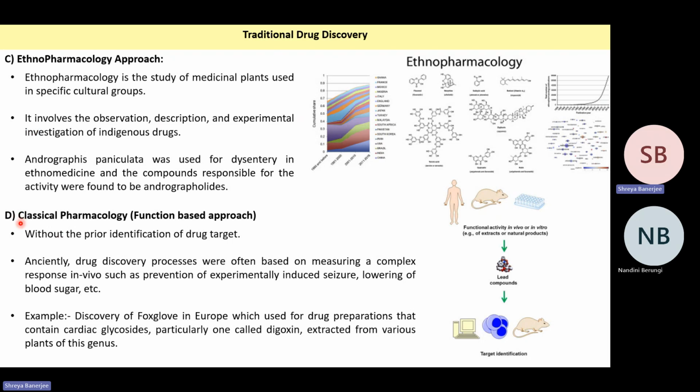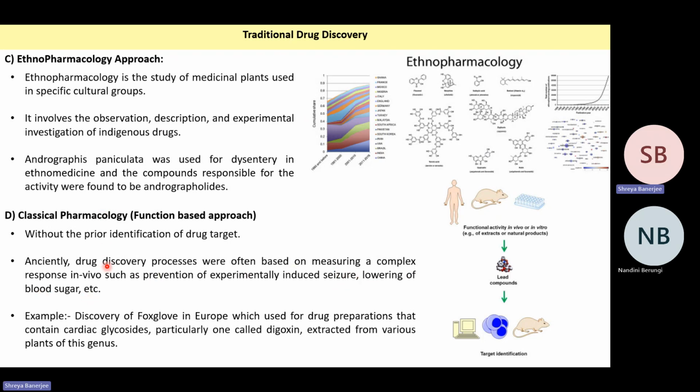The next approach is the classical pharmacology approach, which is a function-based approach. So this is done without prior identification of the drug target. Anciently, drug discovery processes were often based on measuring a complex response in vivo, such as prevention of experimentally induced seizure, lowering of blood sugar, and so on. So what they had seen is that when that particular plant or compound was ingested, it prevented some disease like seizure or it lowered the blood sugar.